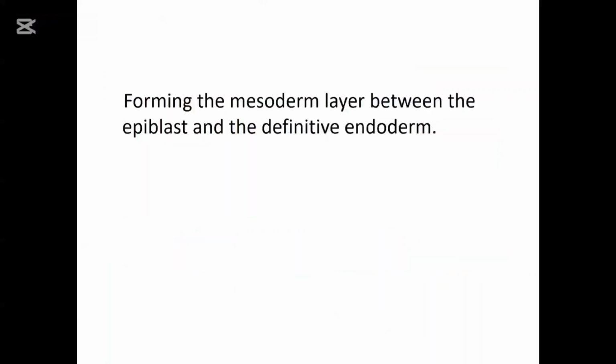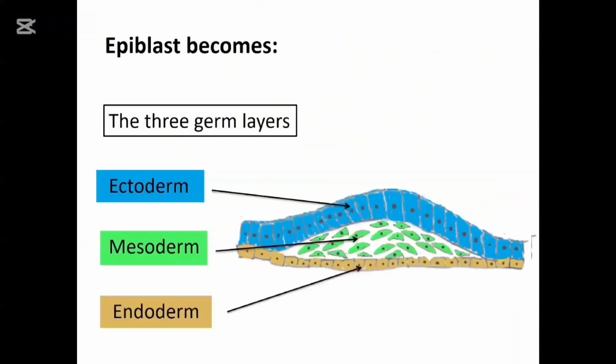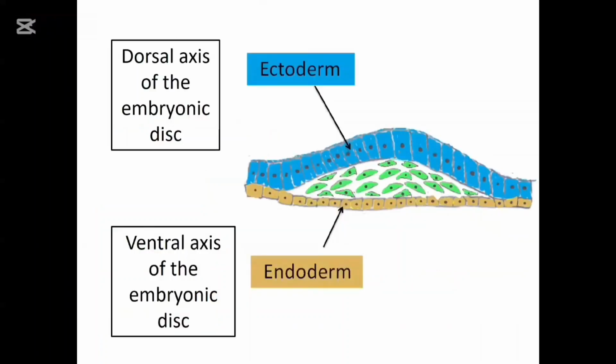The second wave of migration will form a layer between ectoderm and endoderm. This is the mesoderm. So the three germ layers now are formed: ectoderm, mesoderm, and endoderm. And the embryo becomes a trilaminar disc embryo.